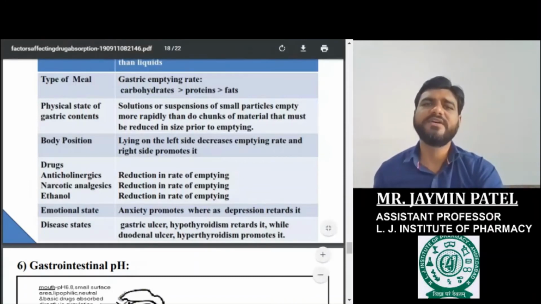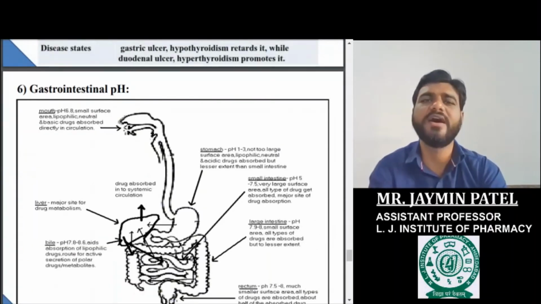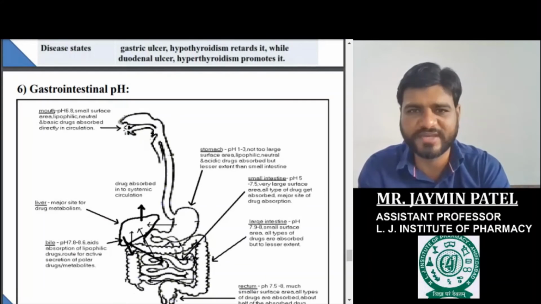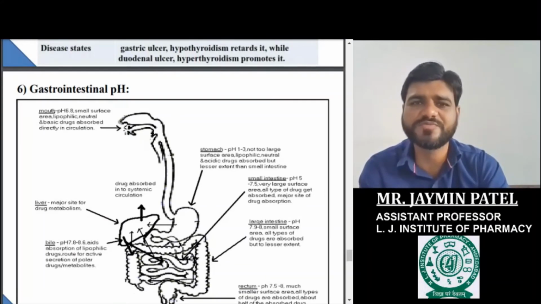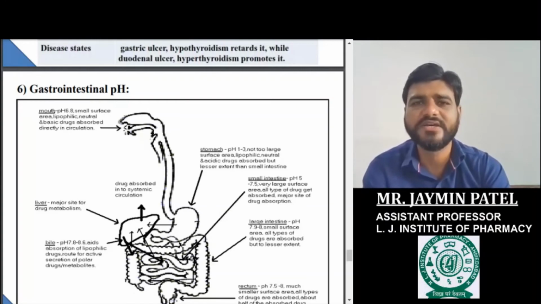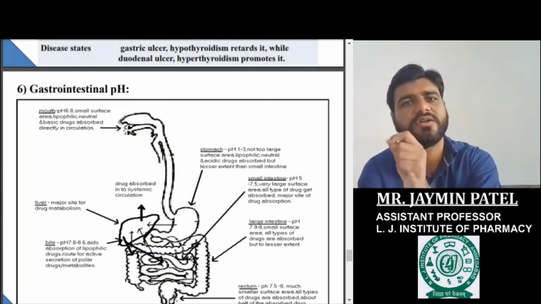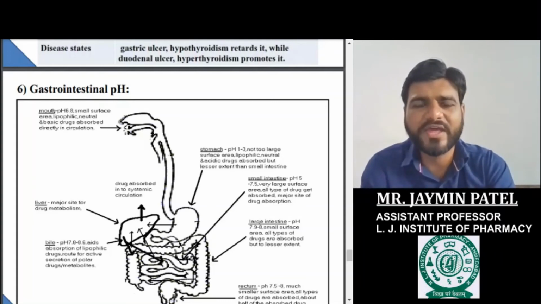One more factor that affects the absorption of drug molecules is the gastrointestinal pH. We already discussed in the physicochemical factors that pH is important for the ionized and unionized forms of the drug molecules.